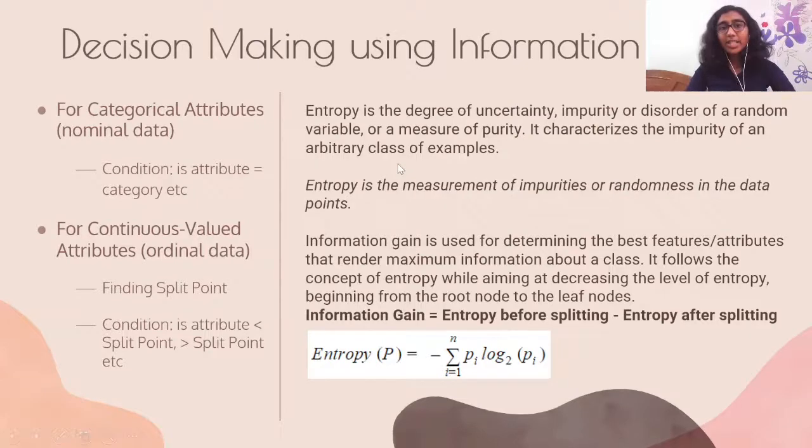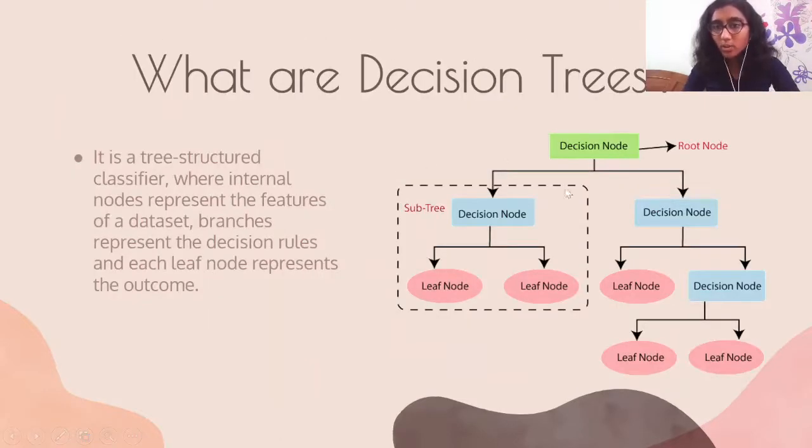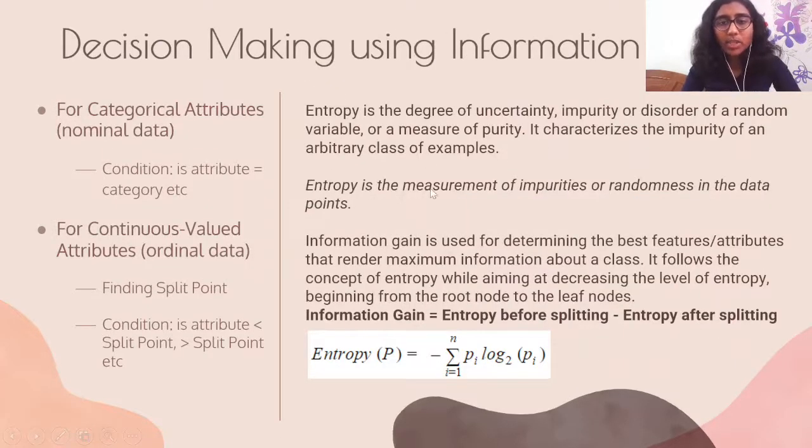The first thing we need to decide is what attribute to take first. This attribute is chosen by calculating the information gain. Information gain, according to the name itself, tells which attribute helps us gain the maximum information.